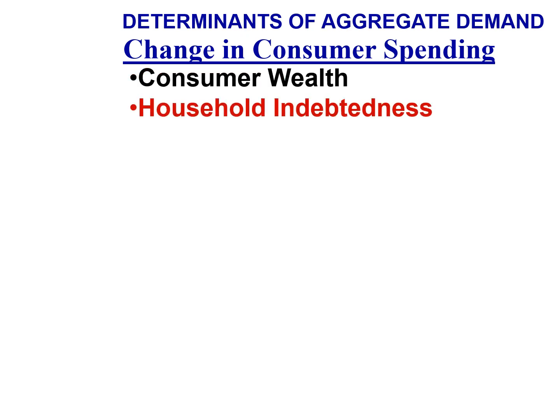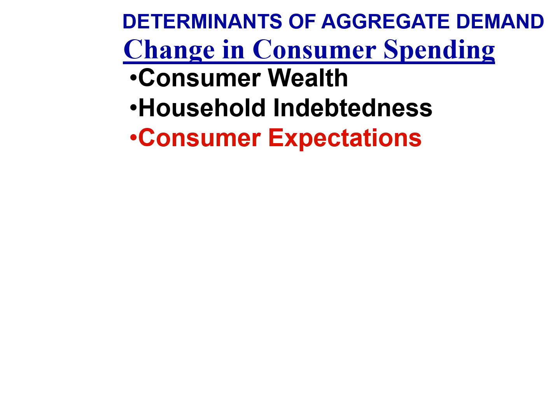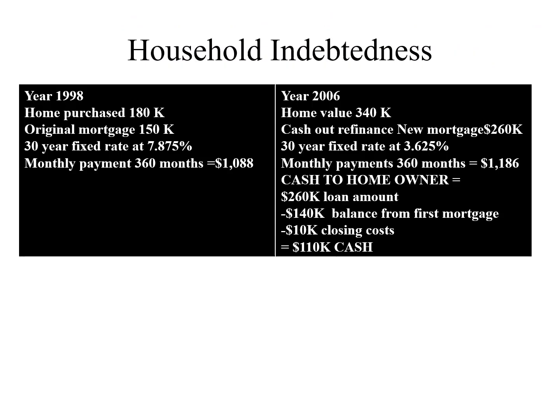Typically, for most people, their largest financial asset is their home. So the amount of household indebtedness will highly impact aggregate demand. Going to use a numerical example to demonstrate the importance of this idea. Eventually we'll discuss consumer expectations and taxes, but let's examine household indebtedness in more detail.